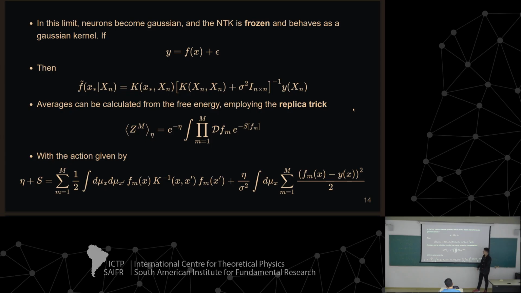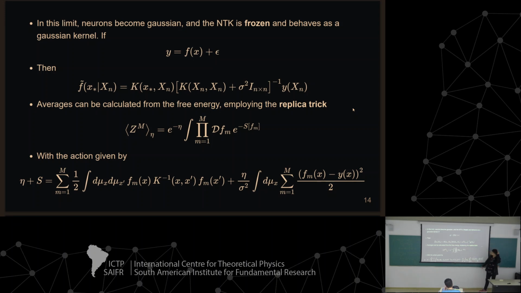And then the network becomes a Gaussian process with a Gaussian kernel, and our predictions, given some data, will follow this equation here, where this kernel K is the neural tangent kernel, which is frozen and constant, will not vary.